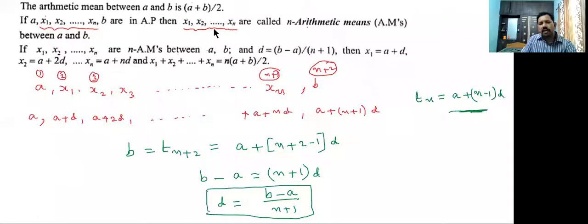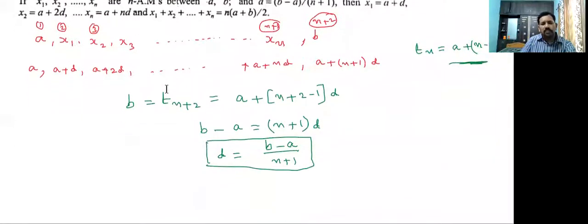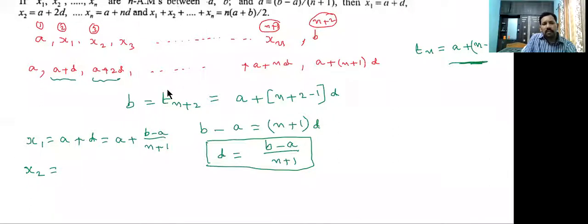A and b are two numbers, and a we call the first term. Now see here, how to find x1? x1 means a plus d, that is equal to a plus, what is the d formula? (b minus a) divided by (n plus 1). Then x2, that is a plus 2d.